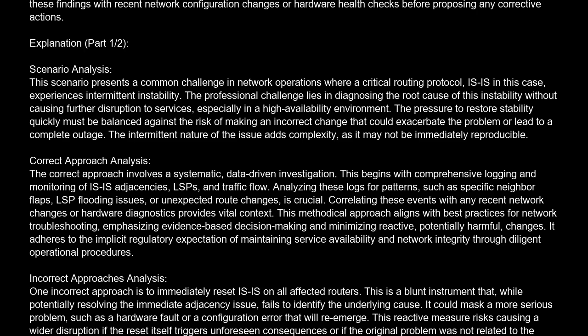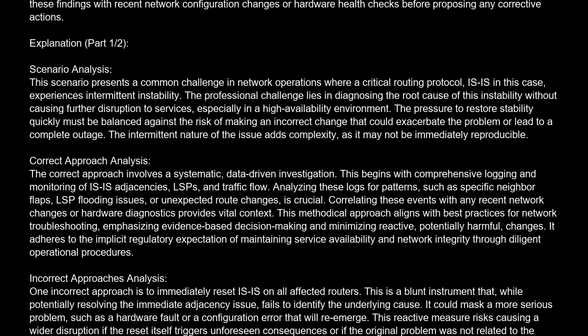Correlating these events with any recent network changes or hardware diagnostics provides vital context. This methodical approach aligns with best practices for network troubleshooting, emphasizing evidence-based decision-making and minimizing reactive, potentially harmful changes. It adheres to the implicit regulatory expectation of maintaining service availability and network integrity through diligent operational procedures.